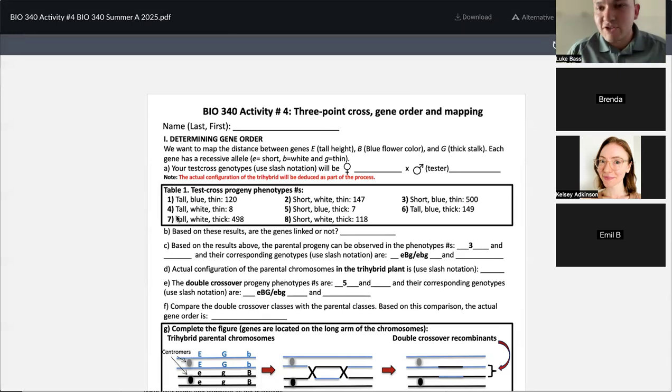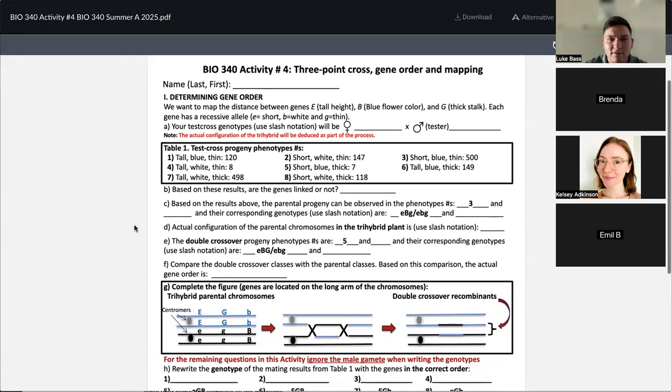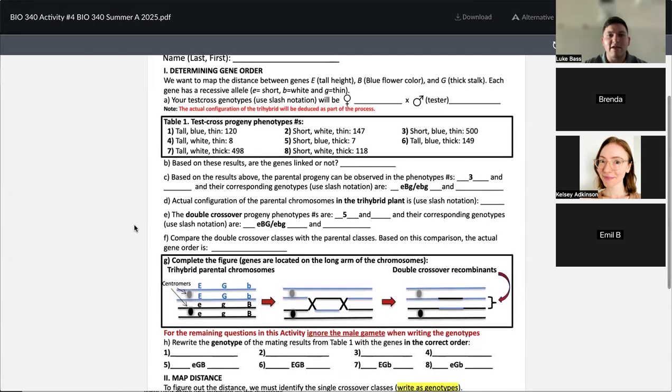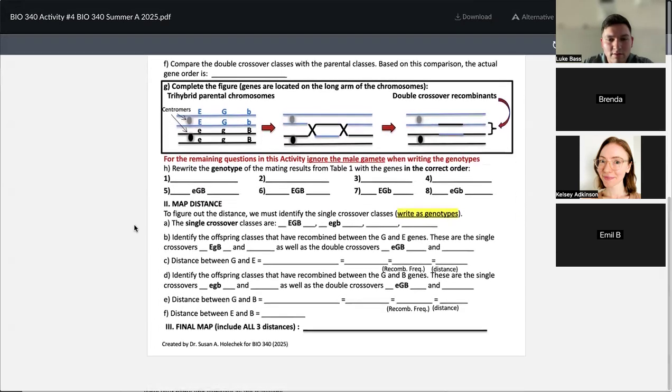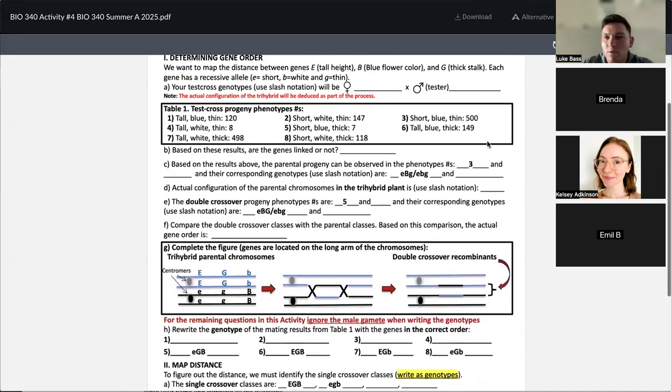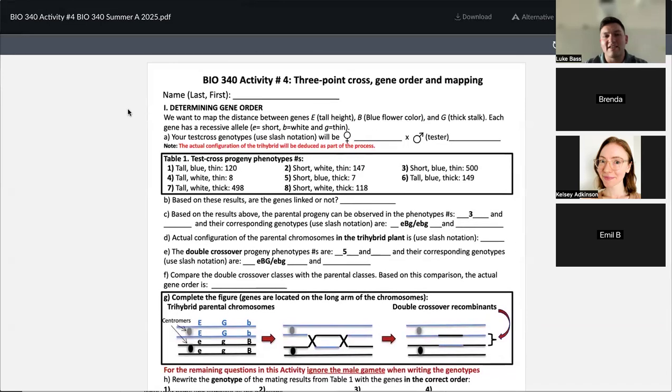So this is the first time I'm actually looking at the worksheet itself. We talked about this in one of our previous TA meetings a little bit, but okay. So what questions might either of you have on activity four? Or we can just walk through the whole thing together as well.